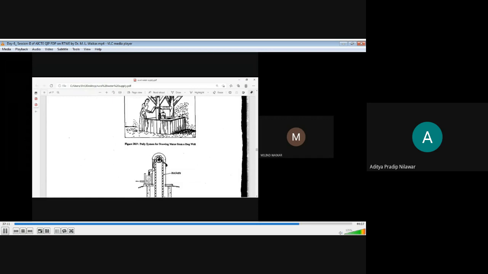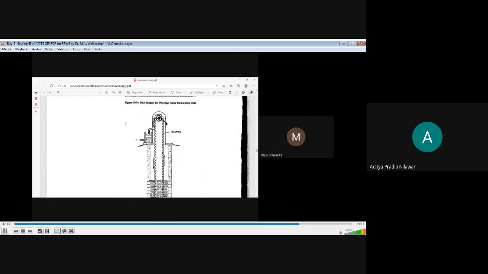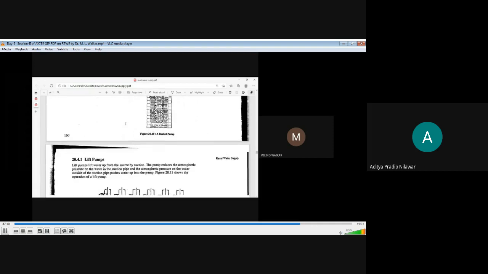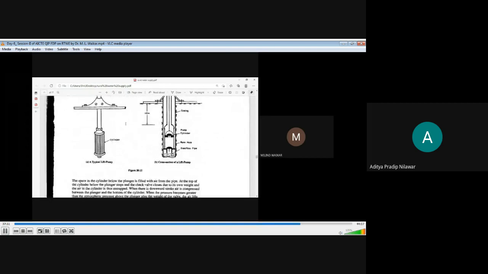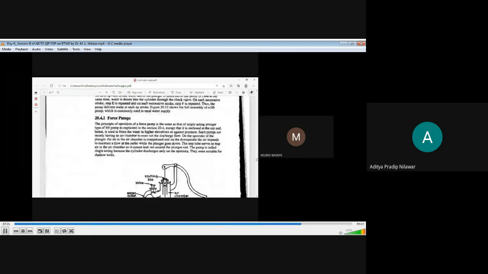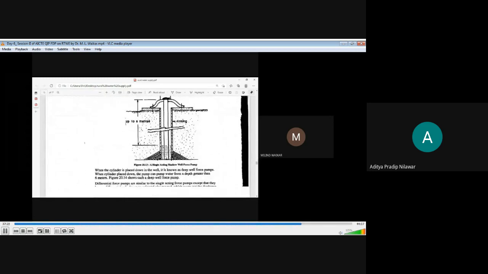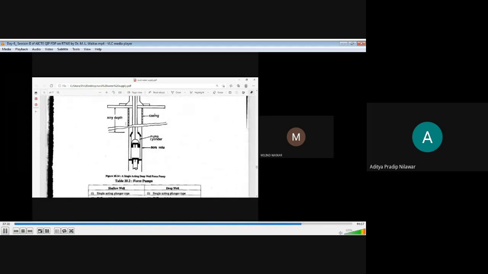Pulley system, very popular. And then this is the bucket pump. Then we have all other kinds of pumps. Hand pump is also there, typical hand pump. I will not discuss much about these pumps because we are aware of them.